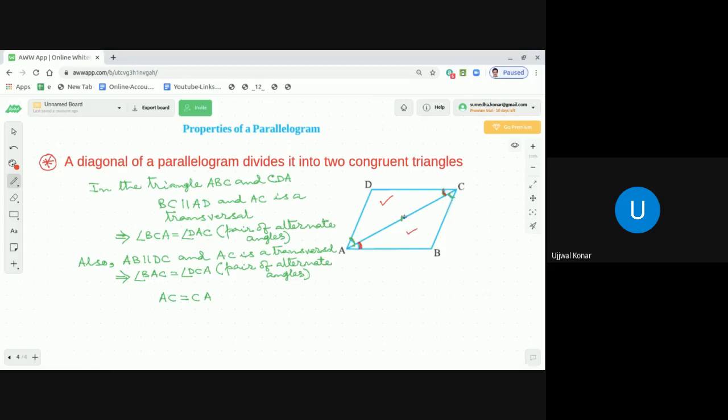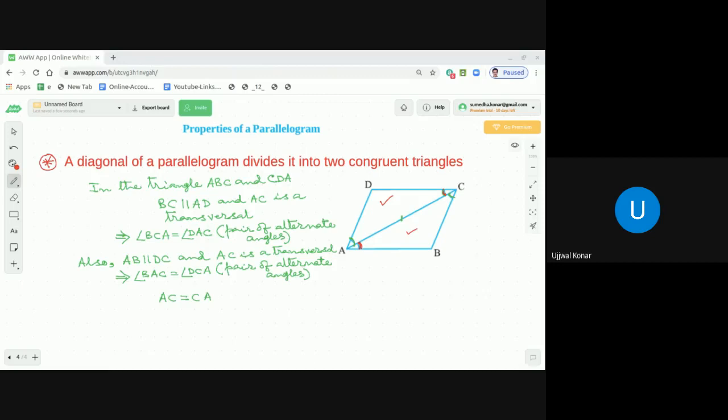So two angles and the side included between them are equal.